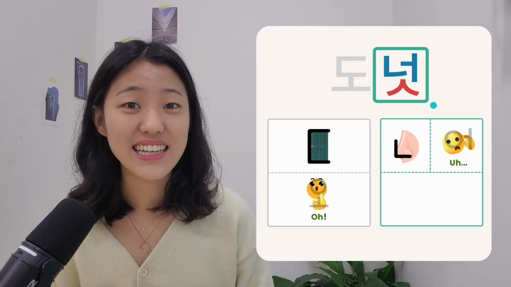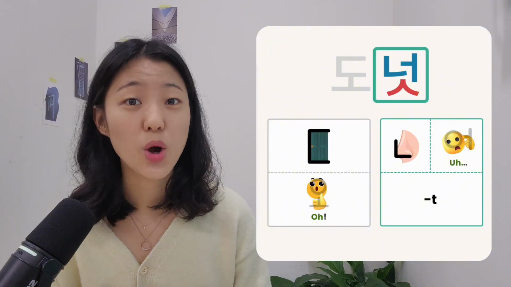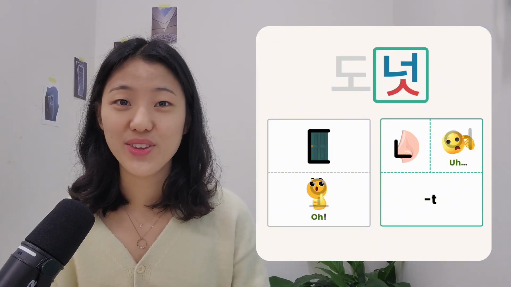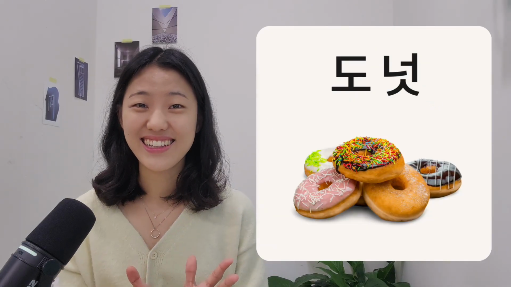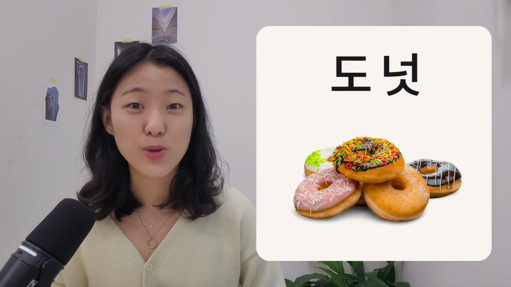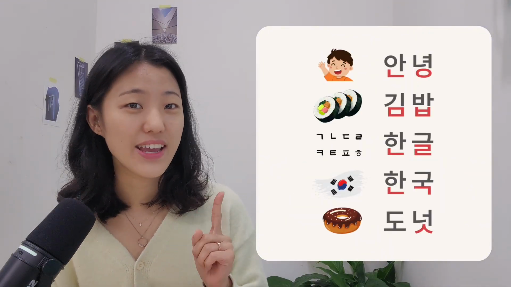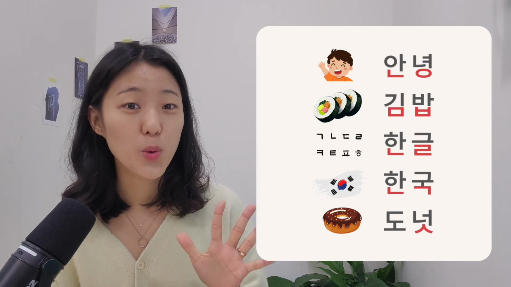So you add the T at the end. No, not, donut. You see what is donut? It's a donut. Do you enjoy donut? What's your favorite donut? So far, we covered 5 words: 안녕, 김밥, 한글, 한국, donut.